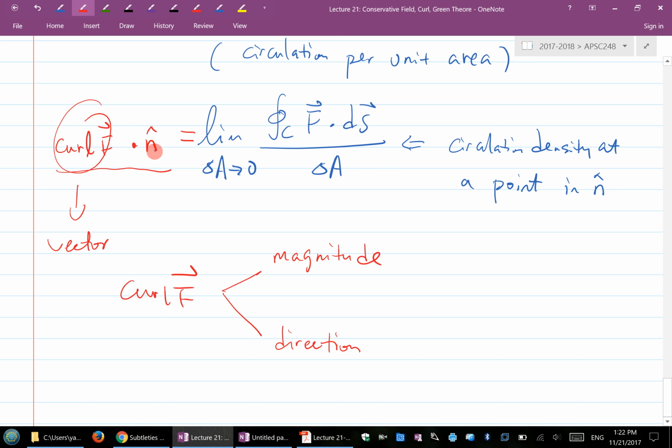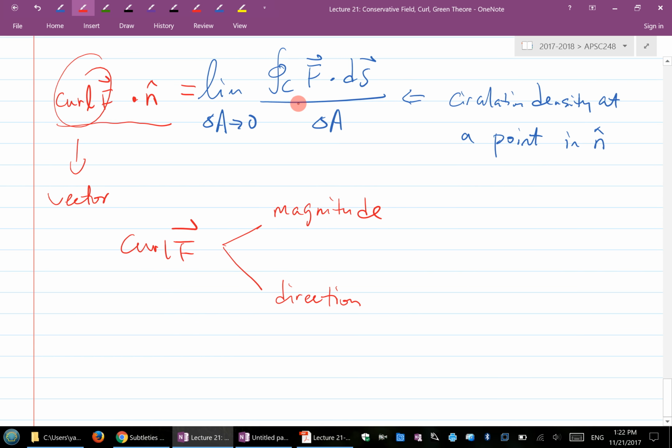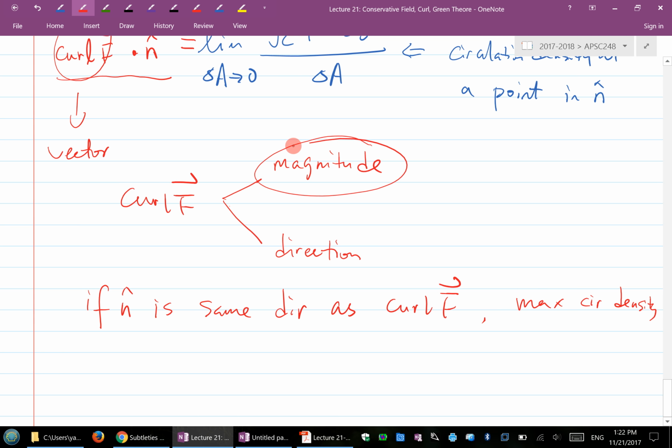So if n hat is in the same direction as curl f, we get what quantity? The maximum circulation density. And what's the value of the maximum circulation density? It's the magnitude.